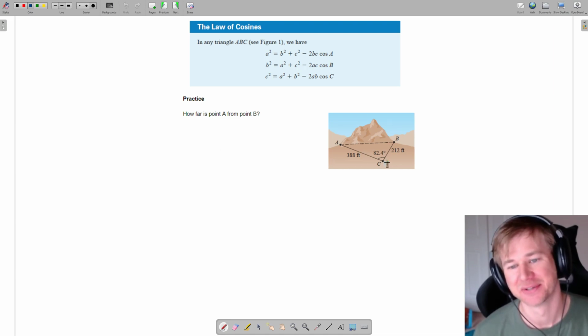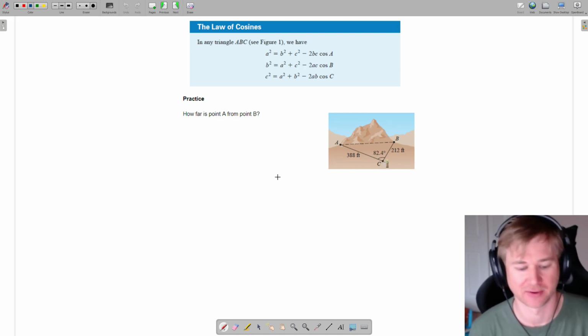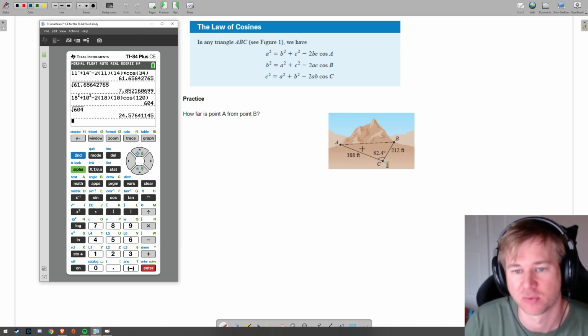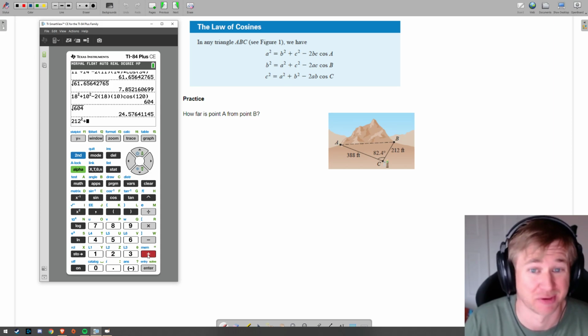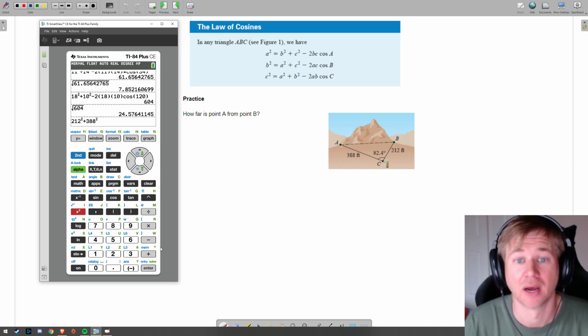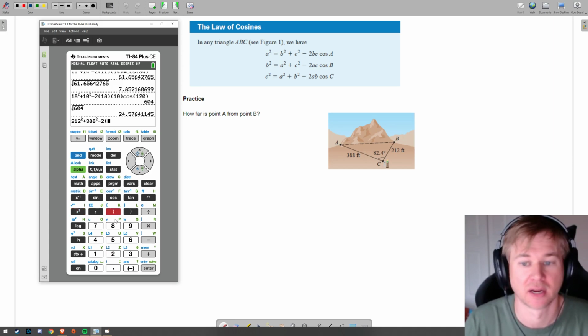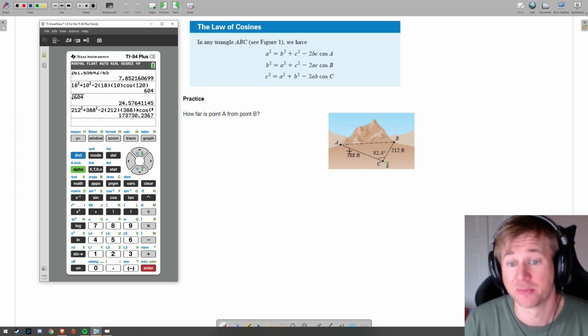I'm going to use the third formula here, so I can just type this into my calculator. I think we're pros at this point. If I'm looking for side C, I'm going to use this one. So A squared is 212 squared. Honestly, it doesn't even matter if you put them in the wrong order because it's addition or multiplication. Minus 2 times 212 times 388 times the cosine of 82.4. That will be C squared.